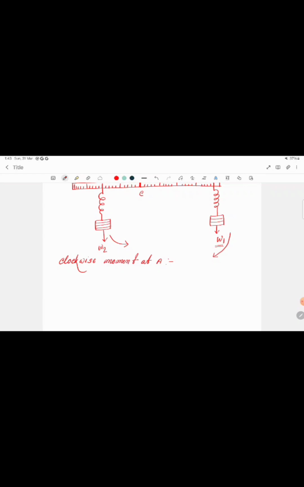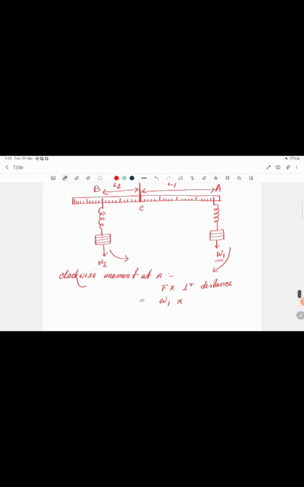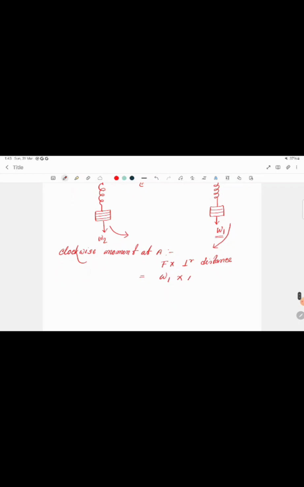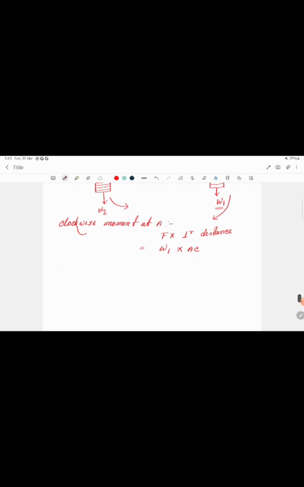Here the force is W1, and the perpendicular distance is AC. So W1 into AC. Second, the anti-clockwise moment at B is force into perpendicular distance, so W2 into BC.